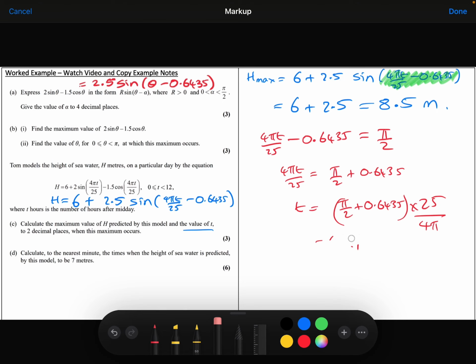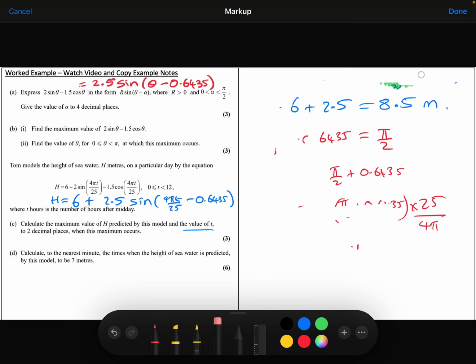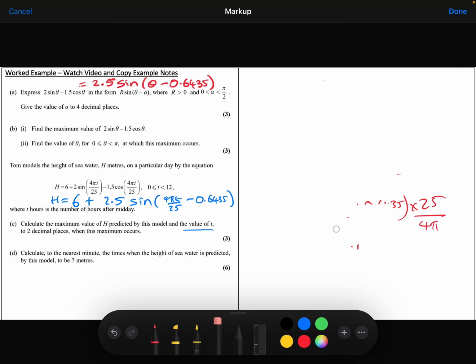Right, finally, let's move on to part D of this question. Calculate to the nearest minute the times when the height of the seawater is predicted by this model to be 7 meters. So let's write the model down.